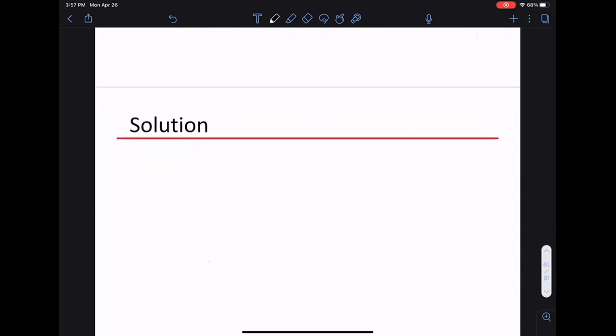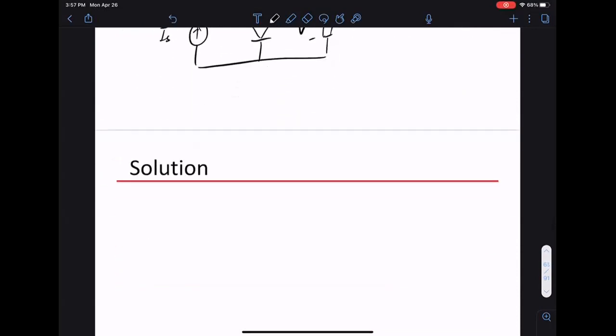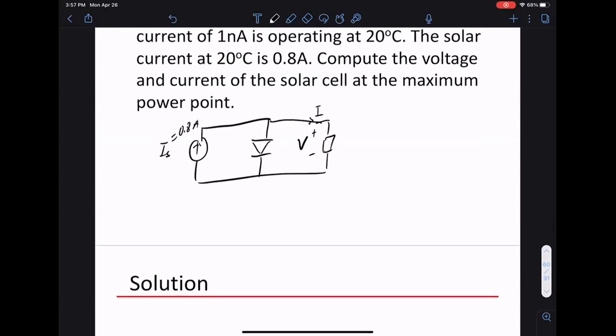So how do I do this? How do I maximize the power? As engineers, this is most times what we care about, the maximum power draw.